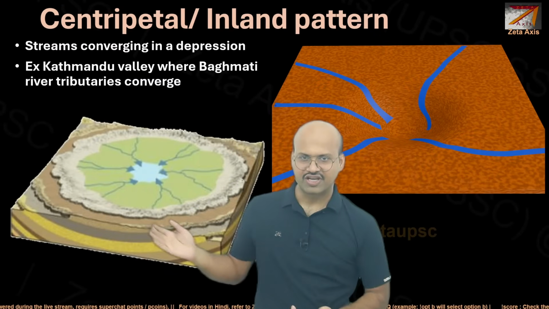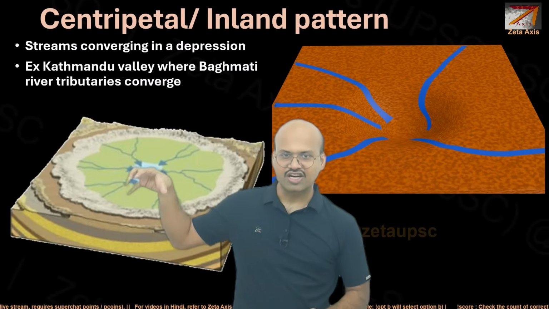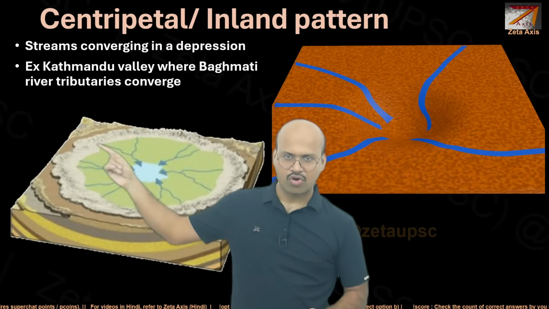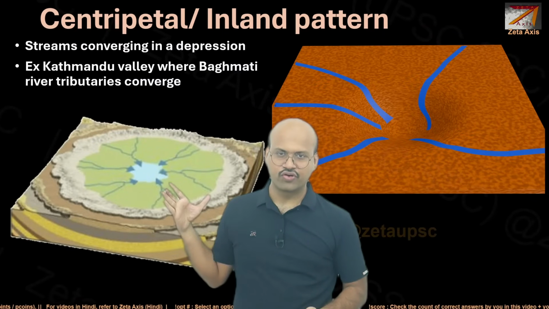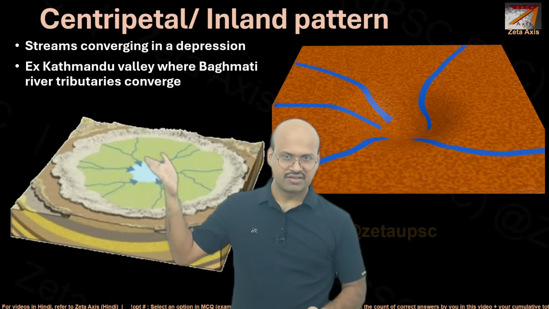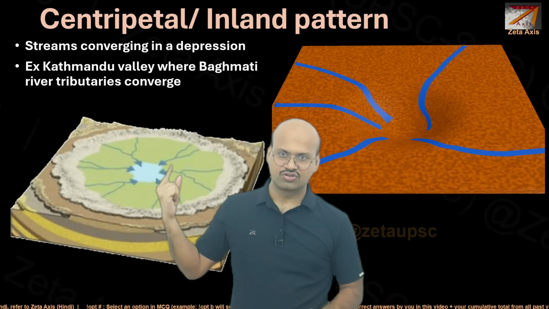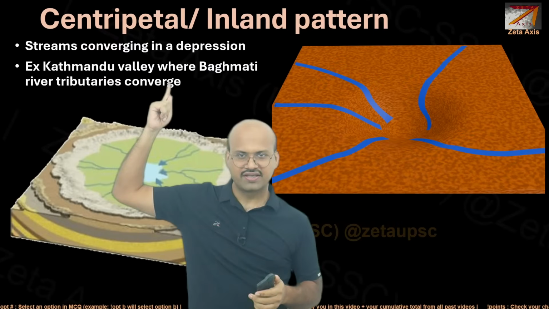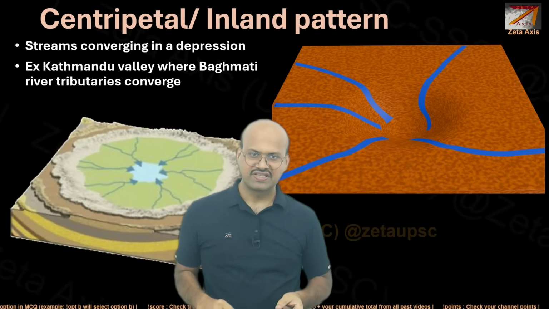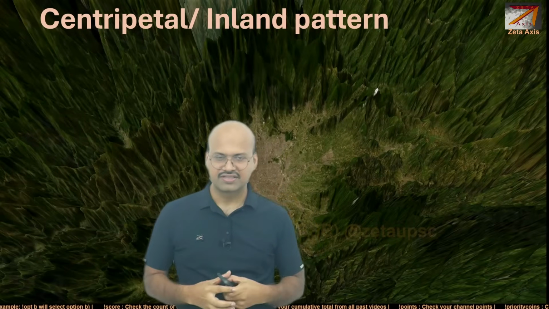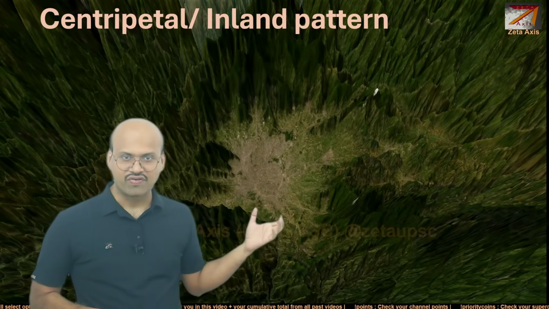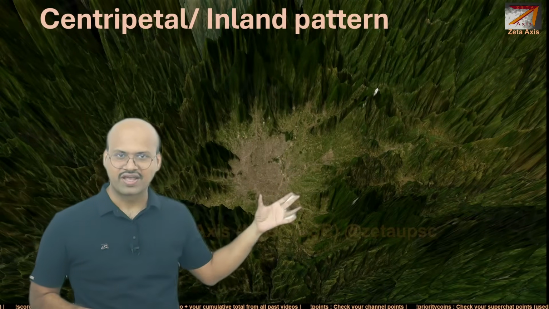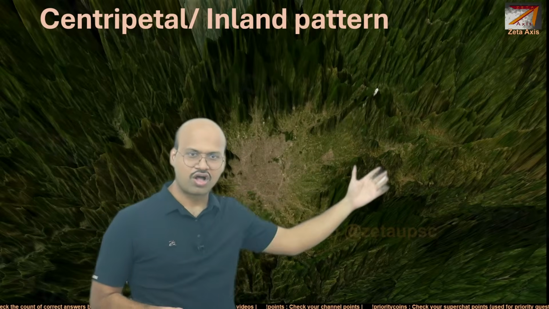So here is a figure. You can see that there is this central lowland, and streams from all sides will flow and meet within this lowland. So this is basically a converging example, and Kathmandu Valley is an example of this. We will see the map. This is the map of Kathmandu Valley, where we can see there are mountains on all the sides.